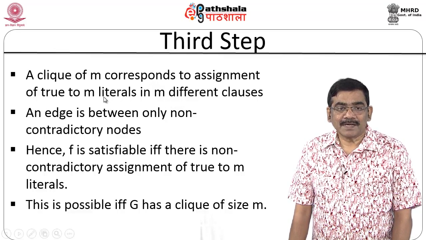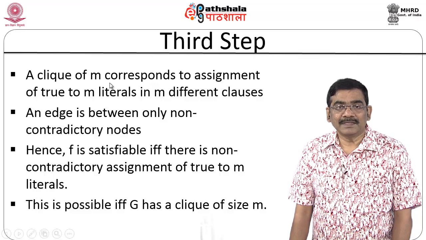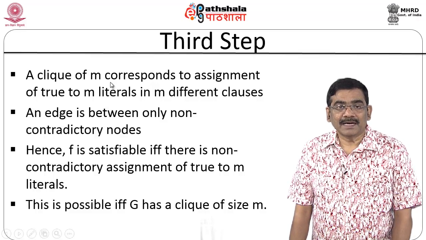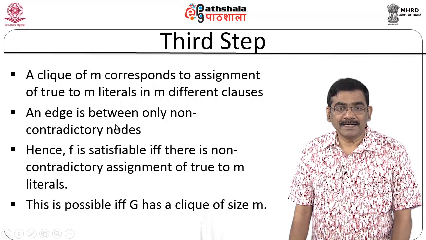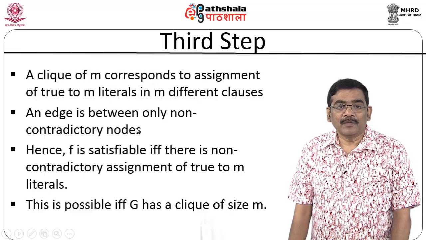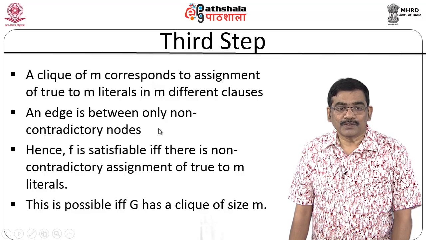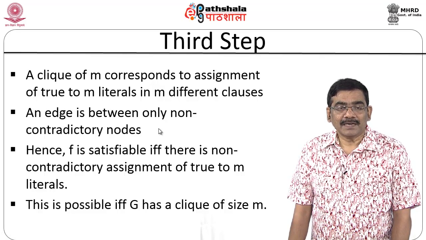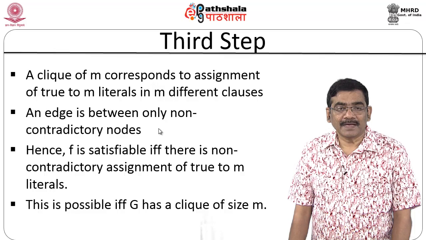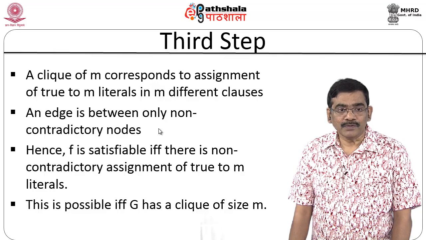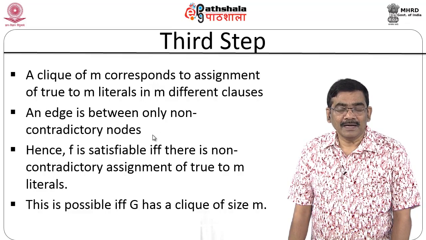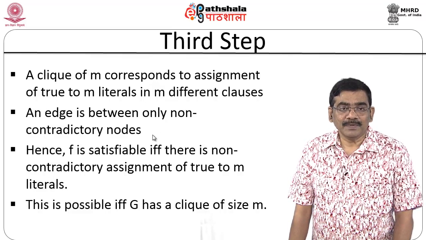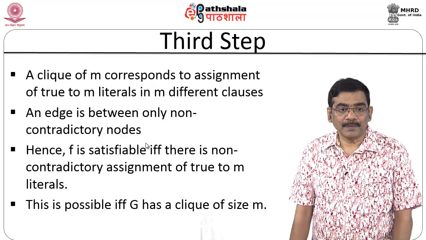In other words, in the graph that corresponds to a clique of size m, and you can also recollect that an edge is always between only non-contradictory nodes. So, we are not connecting x to x bar. That means true can be assigned either to x1 or to x1 bar.